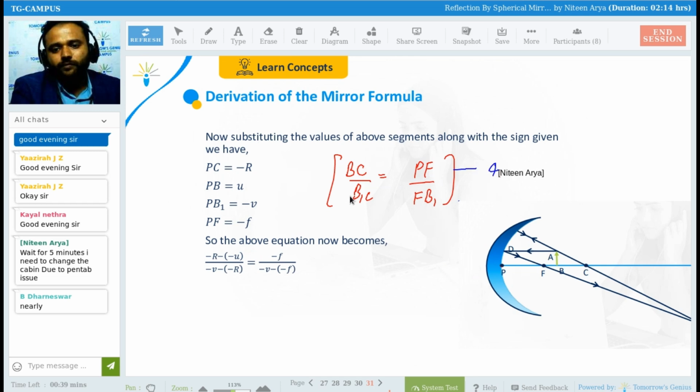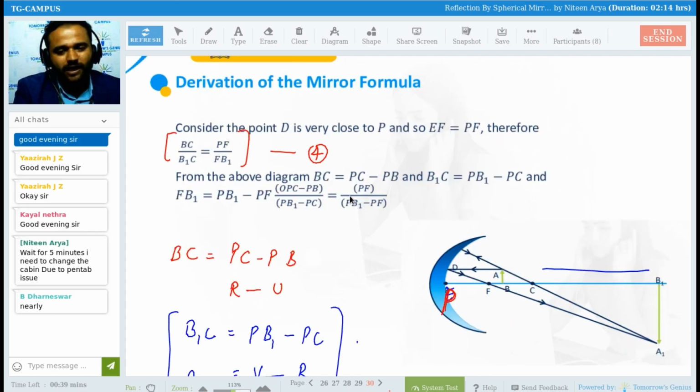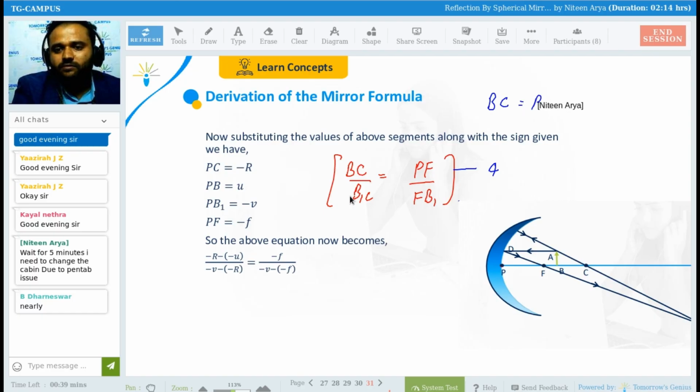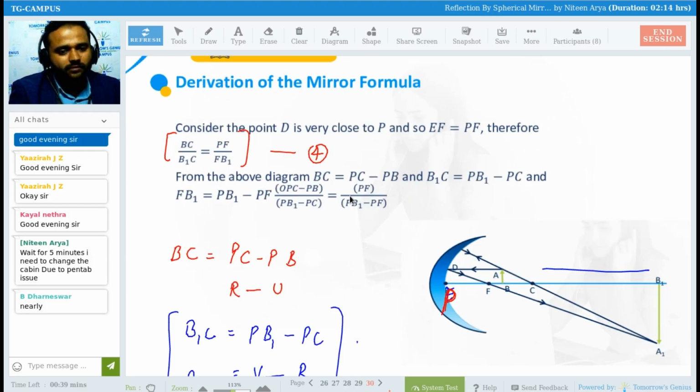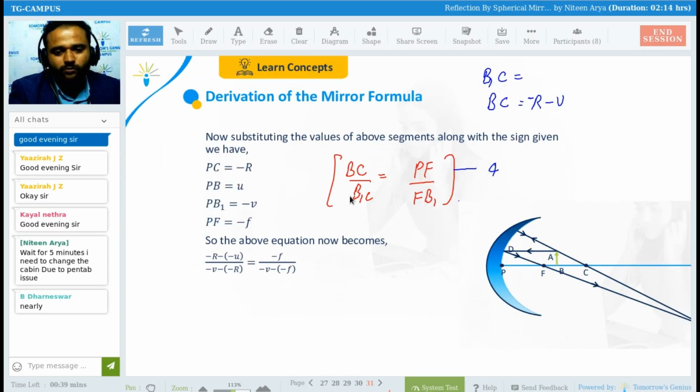Putting the value of BC from the previous, BC equals R minus U, and here I need to take minus R. Then B1C I make V minus R, so it is minus V of minus R. And PF is obviously negative of F, right?